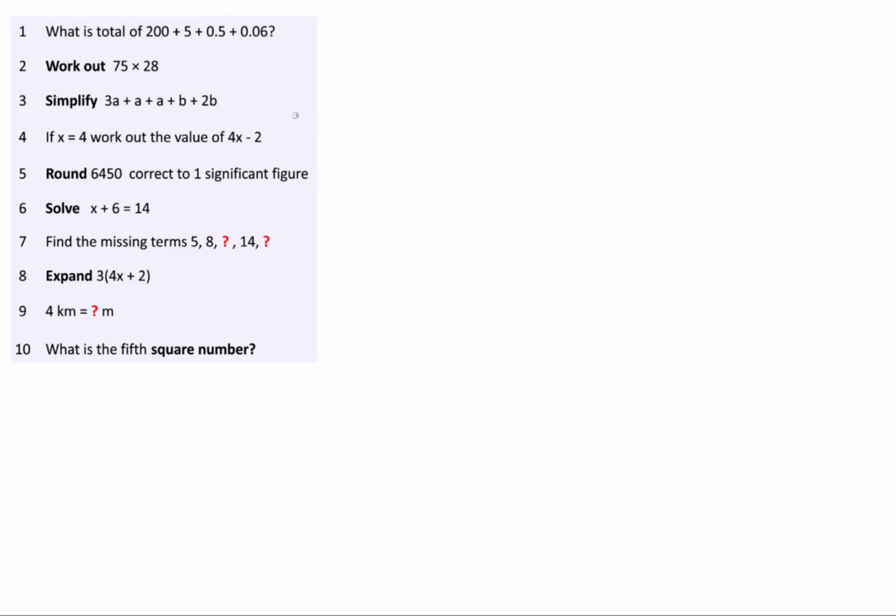it says, what is the fifth square number? All right, first of all we have to know what's a square number. A square number is the result of multiplying a number by itself. So every time that I multiply one number by itself, I get a square number.